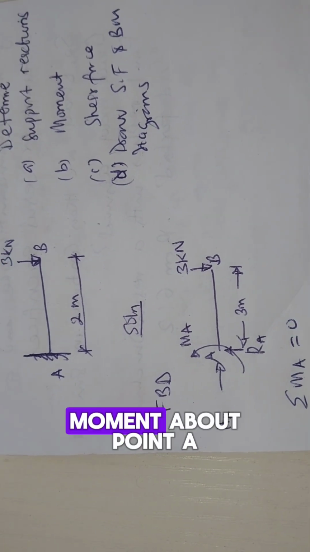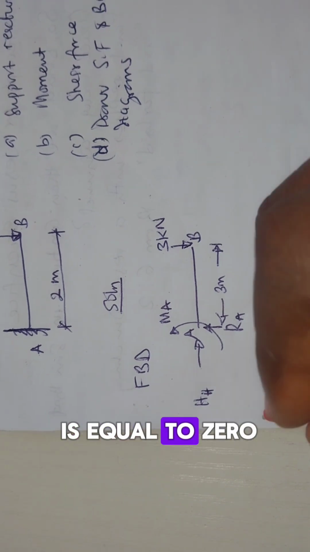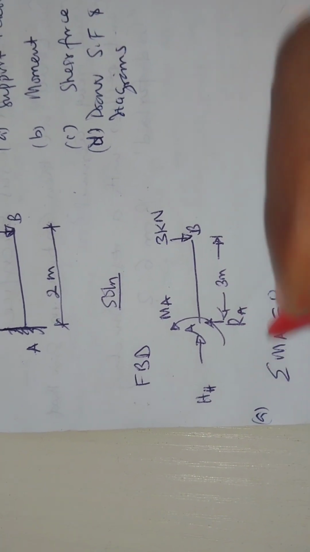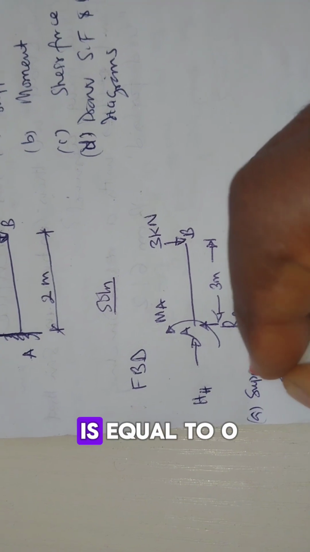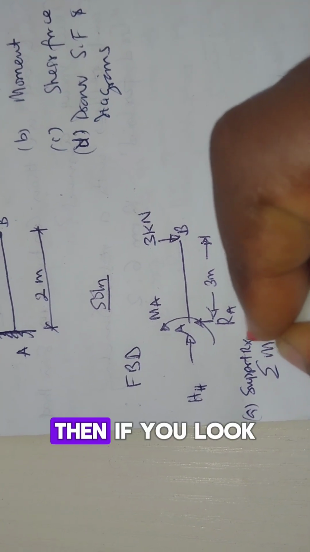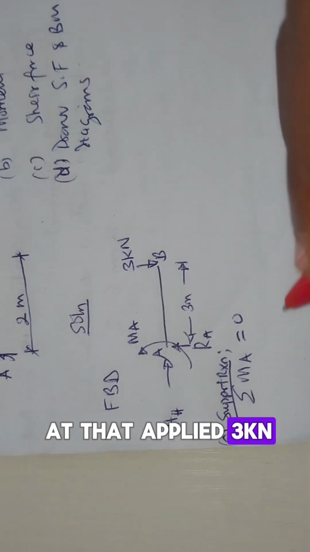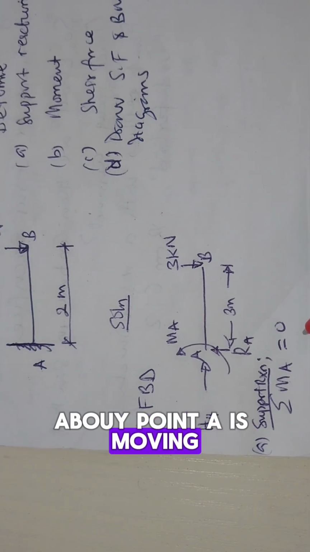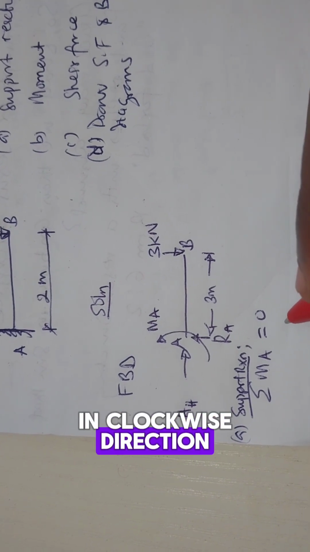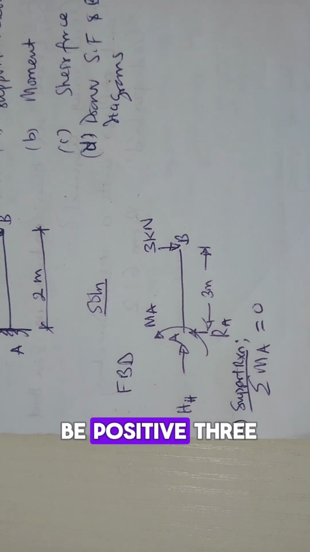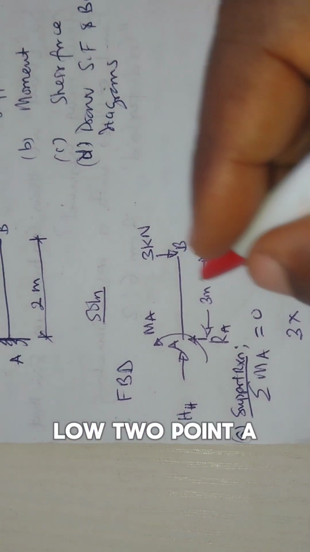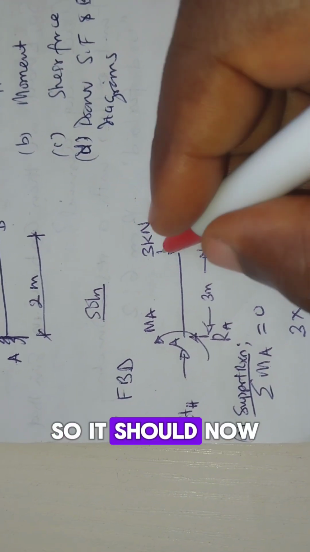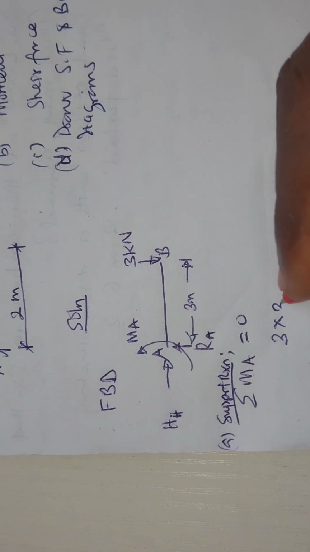So we say sum of moments about point A is equal to 0. Then if you look at that applied load, 3 kilonewton, about point A it is moving in clockwise direction, so it will now be positive 3. The perpendicular distance of that point load to point A is 3 meters, so it will now be 3 times 3.